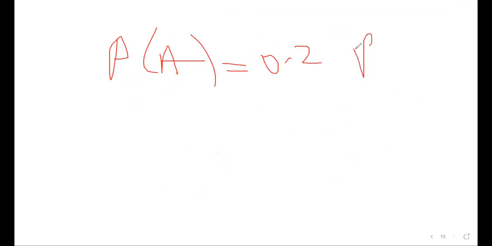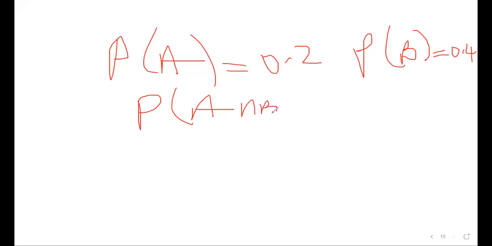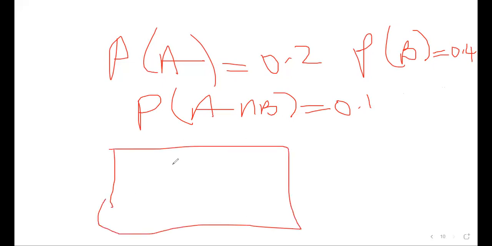So for example, if probability of A is 0.2, probability of B is 0.4, and probability of A intersection B is 0.1, it means that the union set is a collection of what is in A and B, but avoid repetition. So you are going for what is in A. Is that what you asked about, boss?